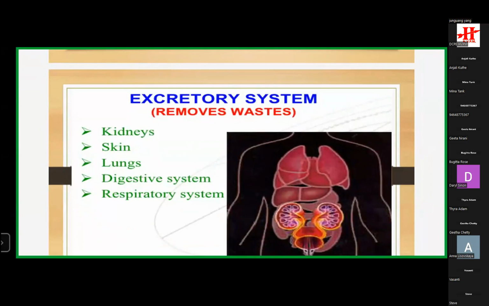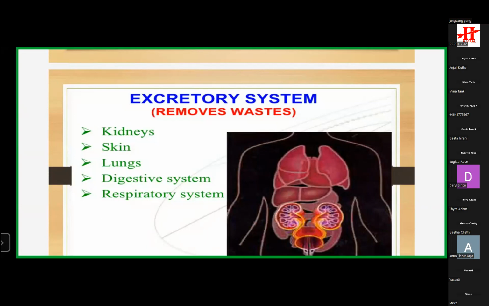Through the kidneys, urine, the waste material, is excreted. Through the skin, sweat, which is an excretory product, is excreted. Through the lungs, carbon dioxide, a very toxic gas, is excreted.